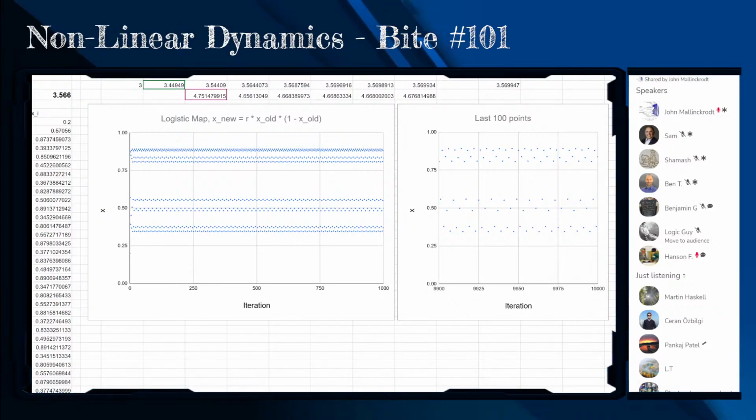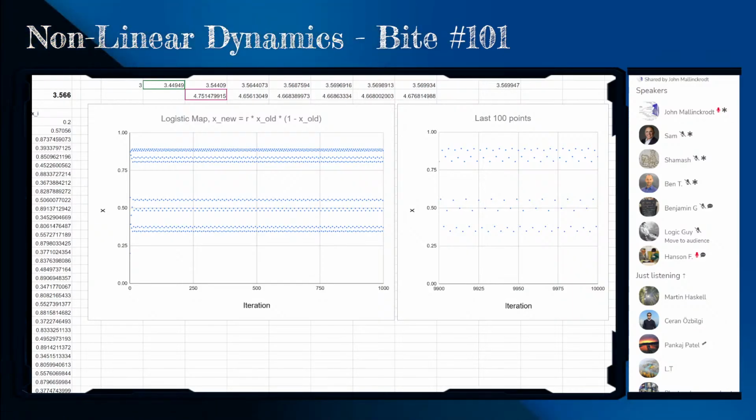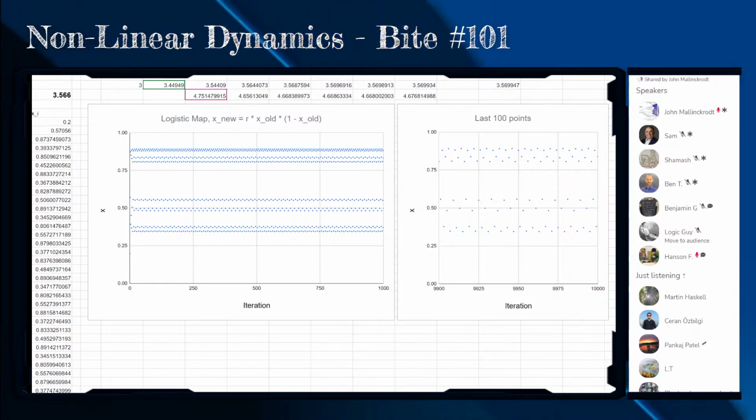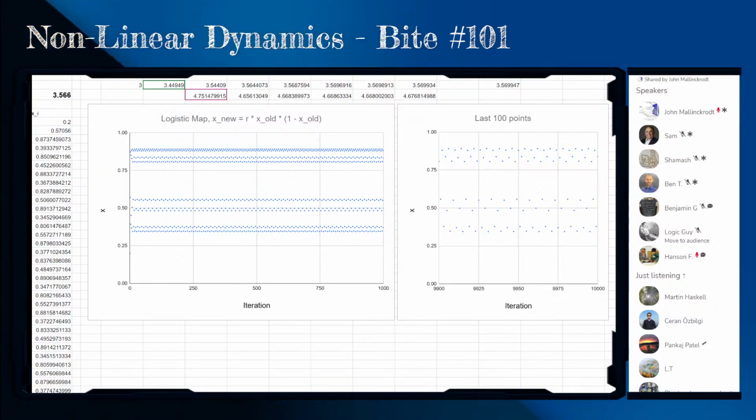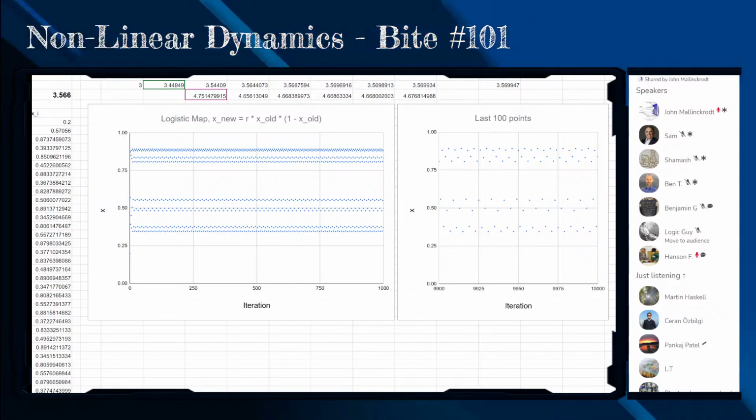But here's the thing. Let me point to one thing that is a semi-universal feature. If you look at those period doublings, you notice they come more and more quickly. If you take the distance from one period doubling to the other, like the 3.44949 to the 3.5409, and divide that distance by the distance to the next period doubling, you get the sequence of numbers I show at the bottom there.